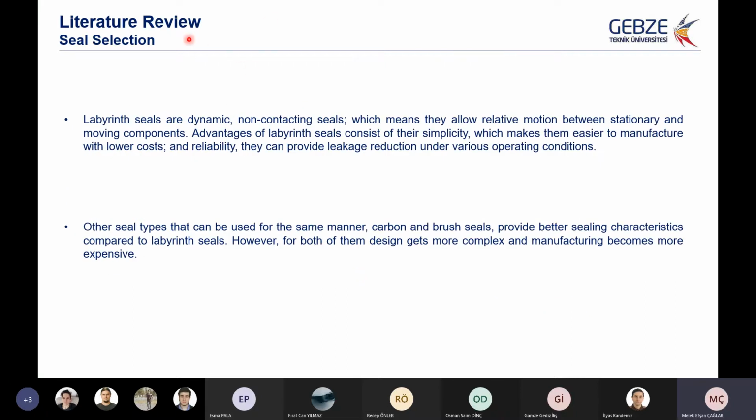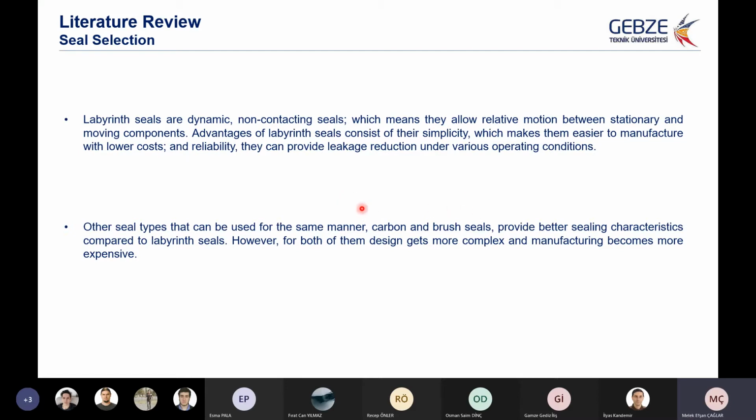So my scope is on Labyrinth seals, which are dynamic non-contacting seals, which means that they allow relative motion between stationary and moving components. Advantages of them consist of their simplicity, easier manufacturing, and lower costs, and their reliability, in that they can provide sealing under various operating conditions.